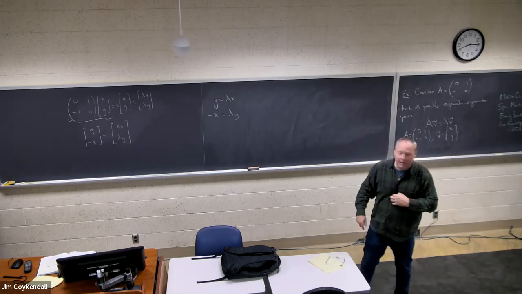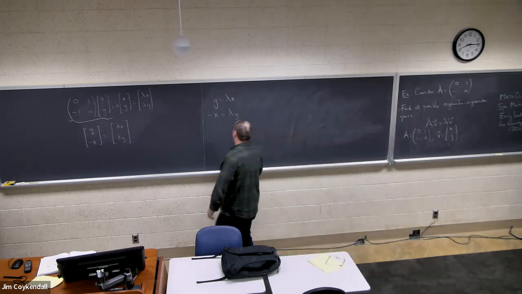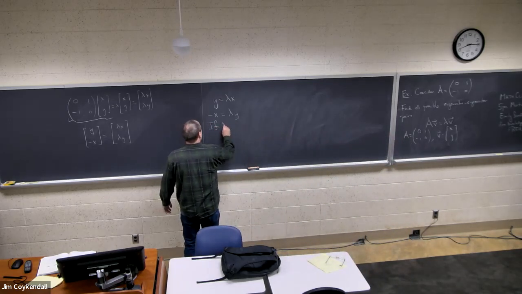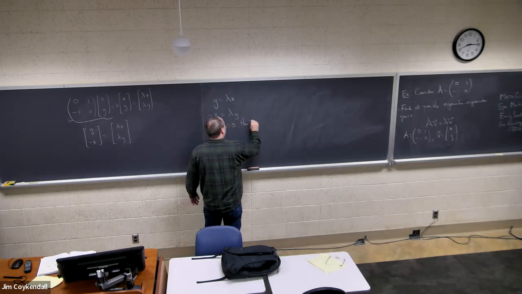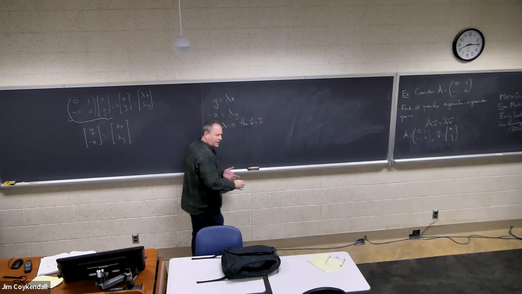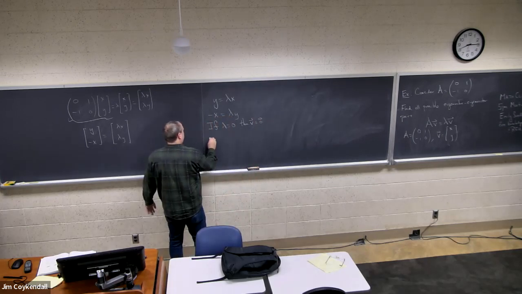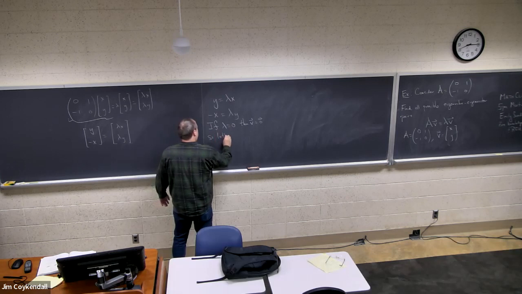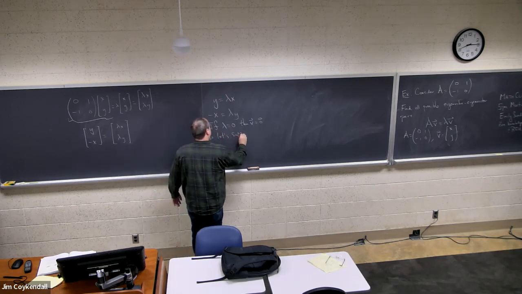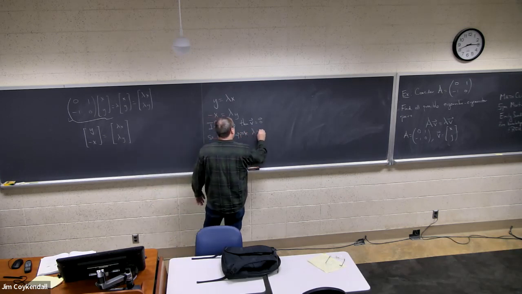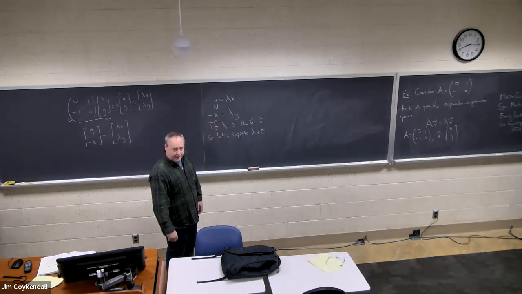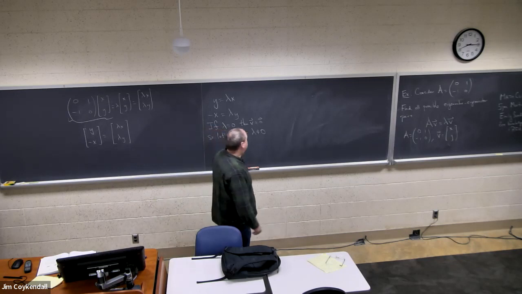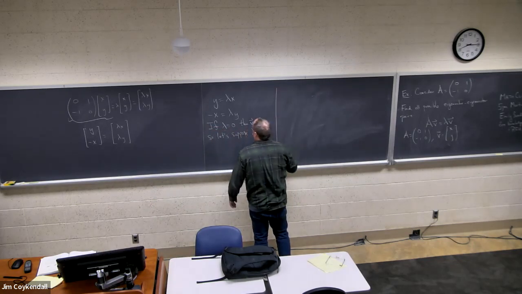Okay. So let me kind of summarize this. Lambda equals 0 and v is the 0 vector. So I don't want that. So let's suppose lambda's not 0. Right? And the cool thing about that is it means I can divide.